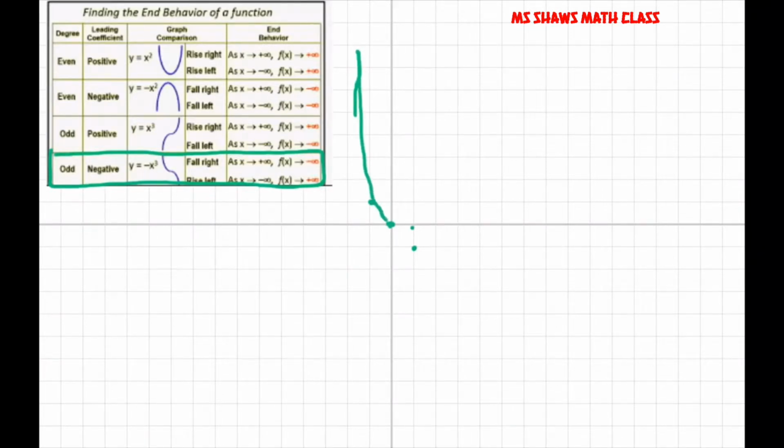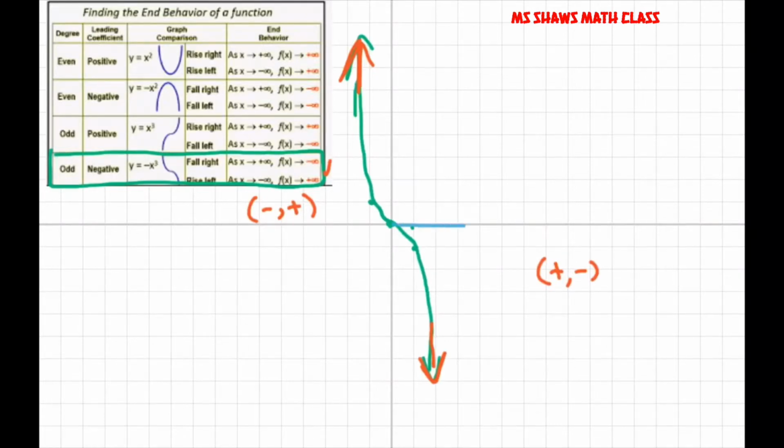Basically what we're looking at is when we're graphing from left to right, where are we starting and where are we ending here? So we're going to be starting in quadrant 2, which is negative, positive here, and ending at positive, negative. So that's what this little piece is here.